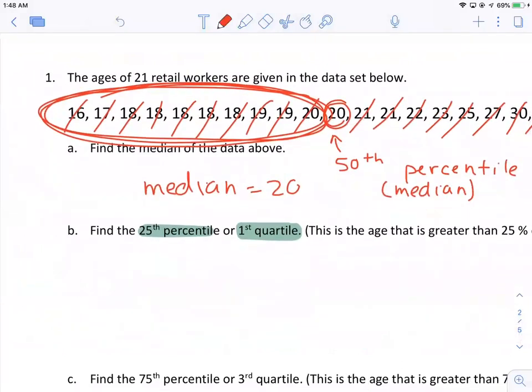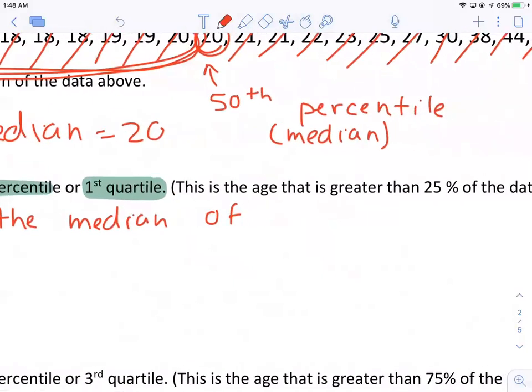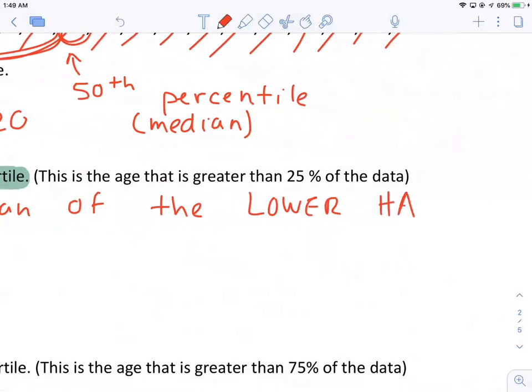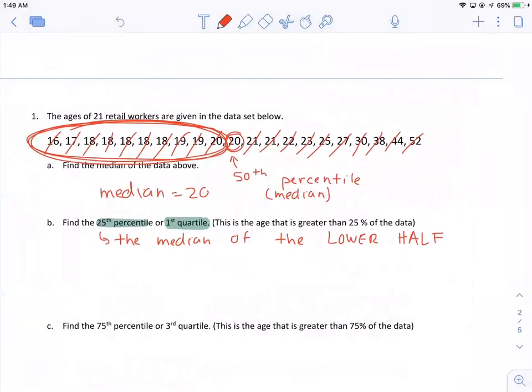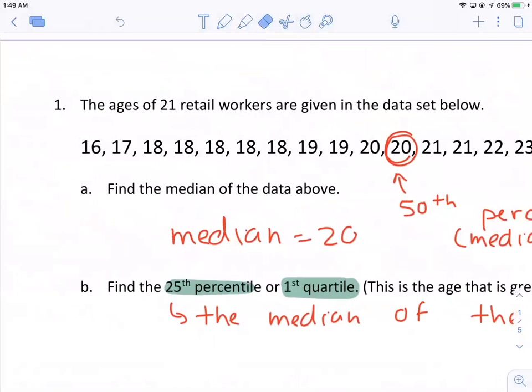So what we do is we take the median of the lower half. I'm going to erase all of this crossing out stuff, and copy and paste all these numbers here.